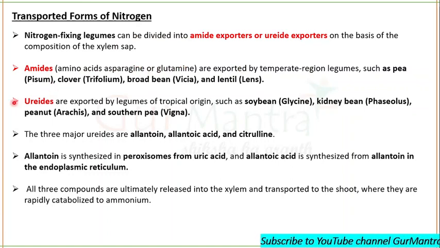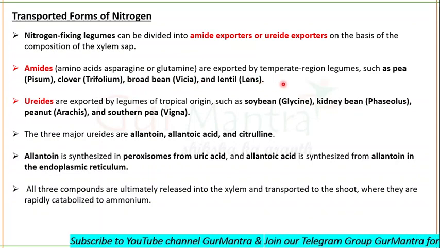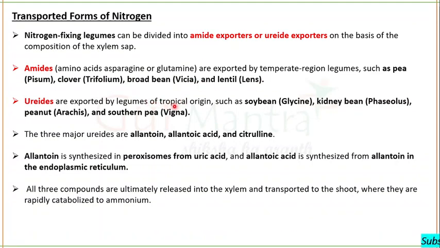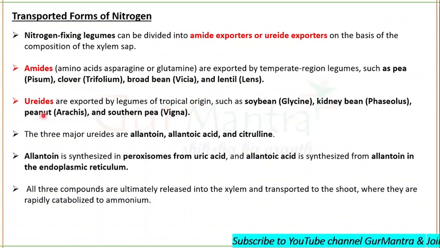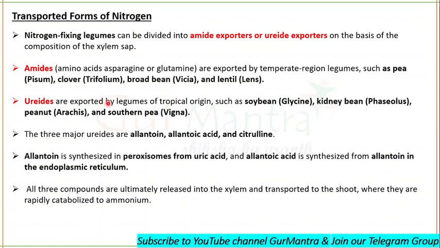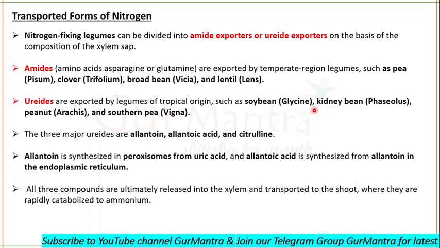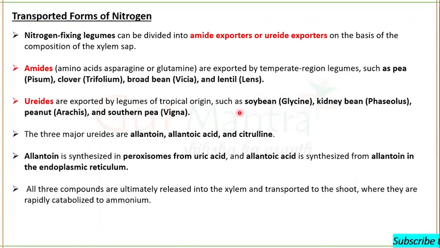For example, pea, Pisum, clover, Trifolium, broad bean, Vicia and lentil, Lens. While the legumes which are growing in the tropical regions will be exporting ureides, such as soybean, Glycine, kidney bean, Phaseolus, peanut, Arachis and southern pea, Vigna.